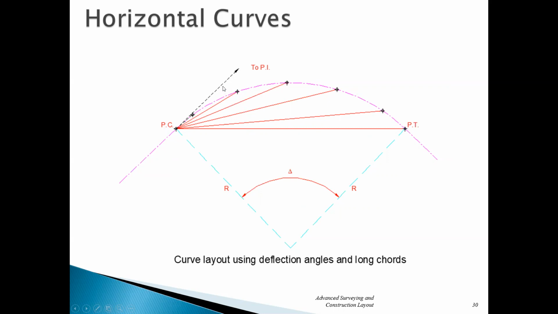These angles increment differently, but they do increment geometrically, so there's a real simple equation to use to do these. I'll show you that in a minute. This is what's called the long chord method. They're referring to these as long chords, but they're constantly changing. This is the long chord of the curve, but these are incremental long chords. Does everybody get the idea?